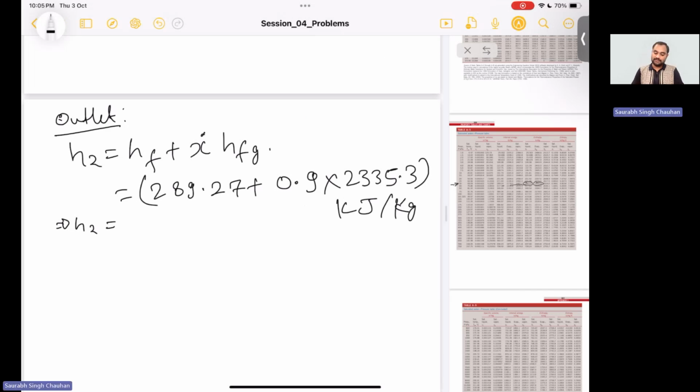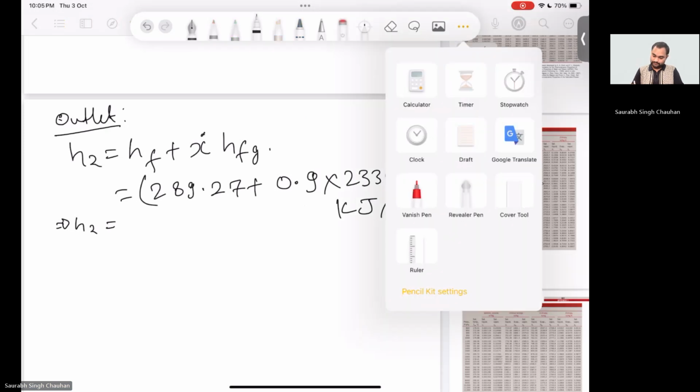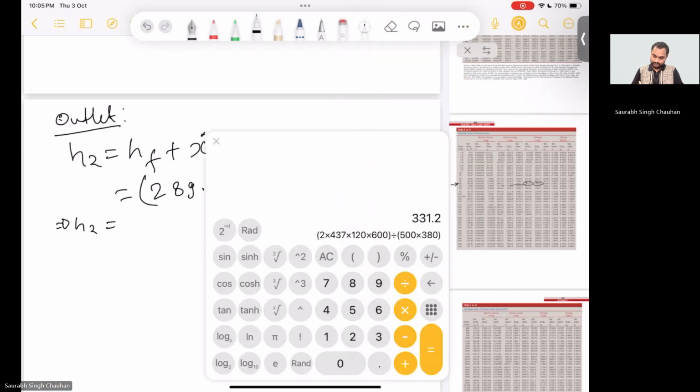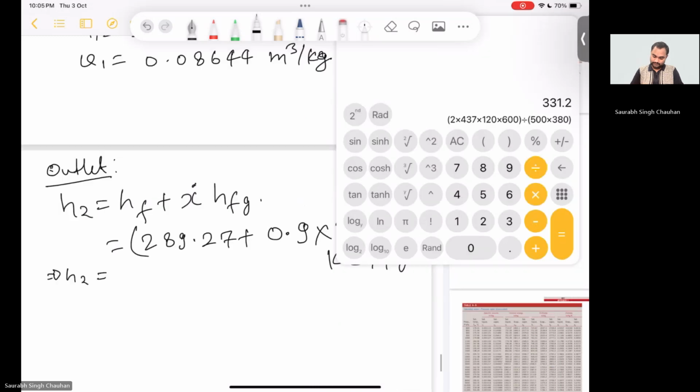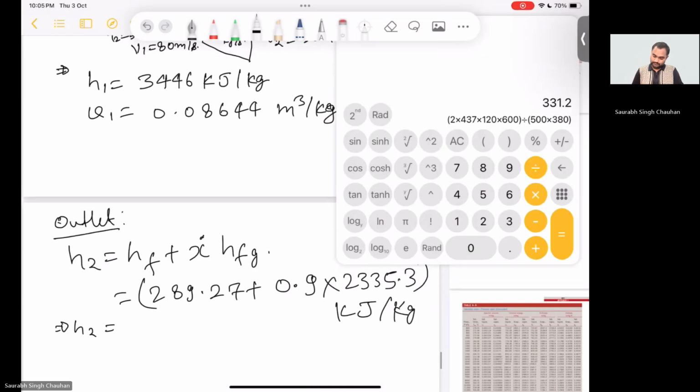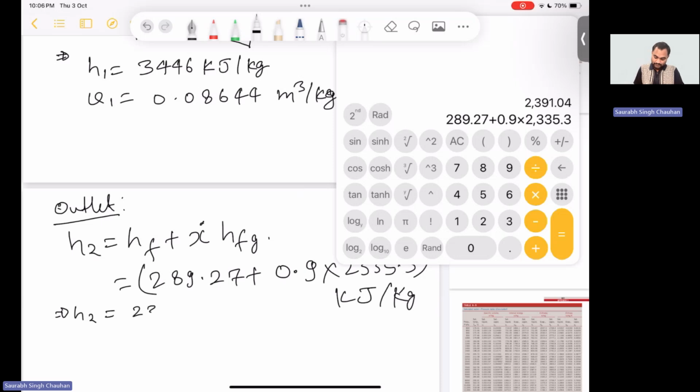If you calculate this value, it comes out to be 2391.04 kilojoule per kg.